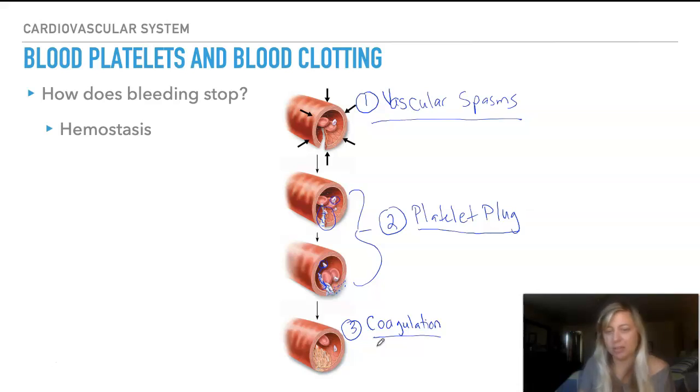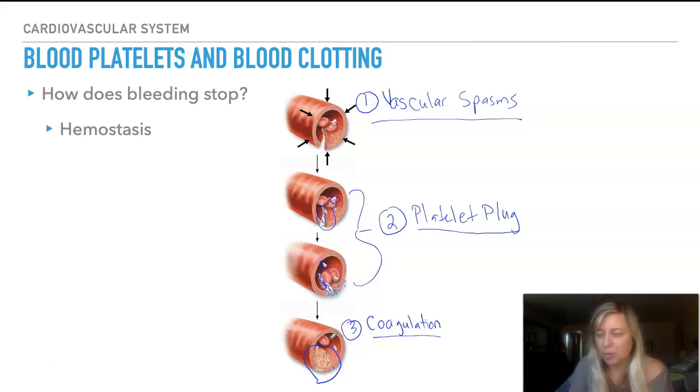They interact with calcium ions and form a chemical called thrombin, which then is responsible for taking another chemical called fibrinogen and converting it into a molecule called fibrin, which catches more platelets and forms basically like a mesh. So it's a mesh of proteins and cells that then seals off the break within the blood vessel. So that's the overview of the steps of how blood clots form.